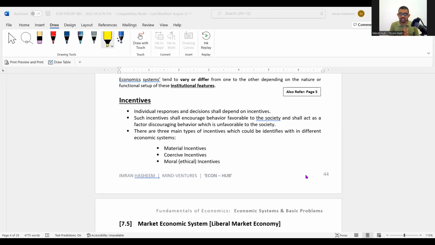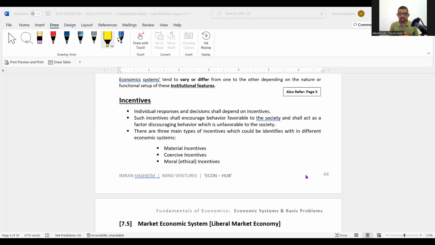Right. Moral incentives are basically the ethical or the right thing to do. Yes. Common decency, the right thing to do, ethical behavior, patriotism. I'll repeat again.